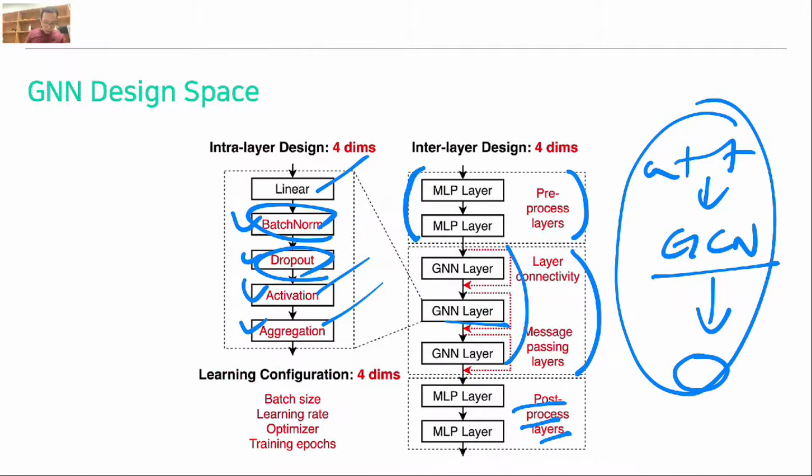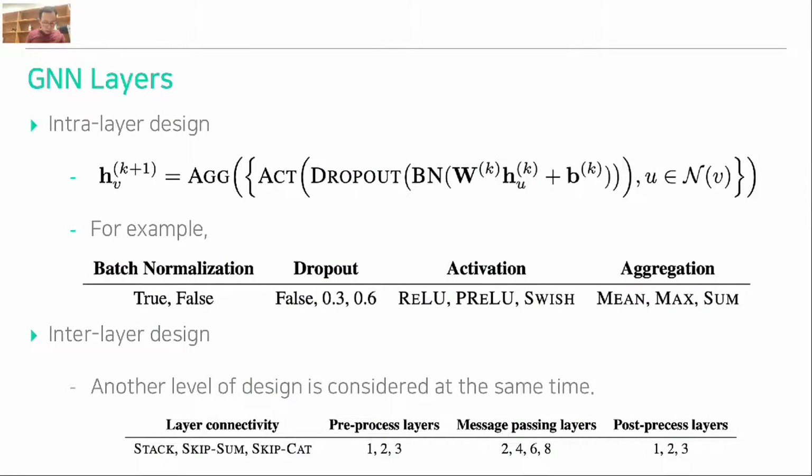So in the GCN layer, in this case here, it could be composed of multiple ideas.